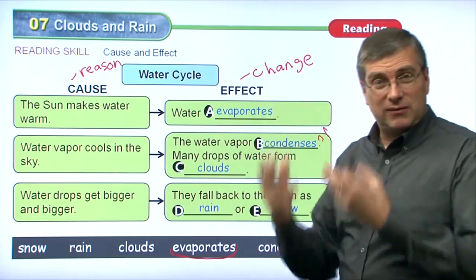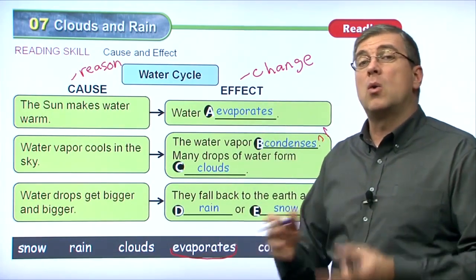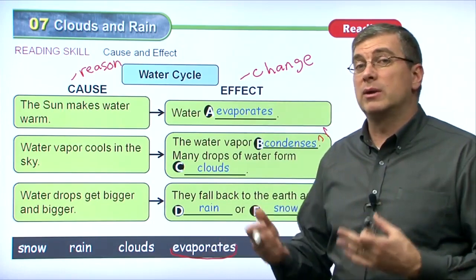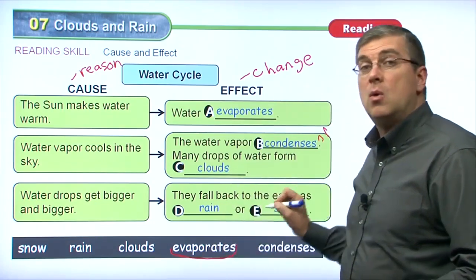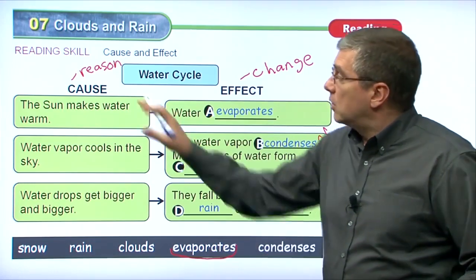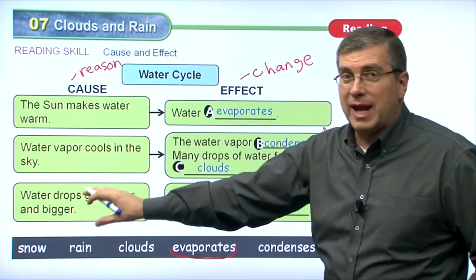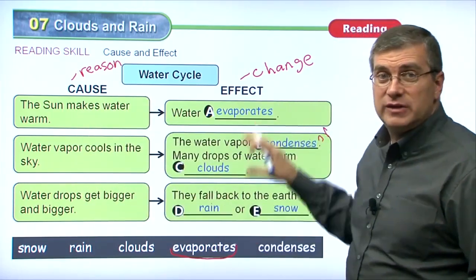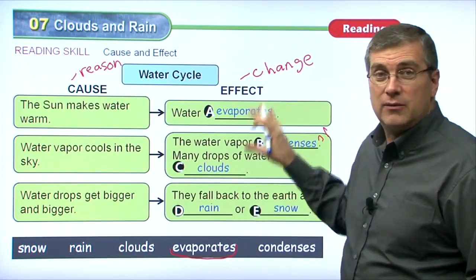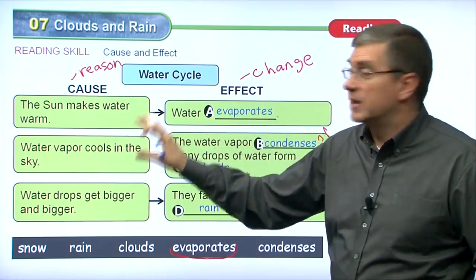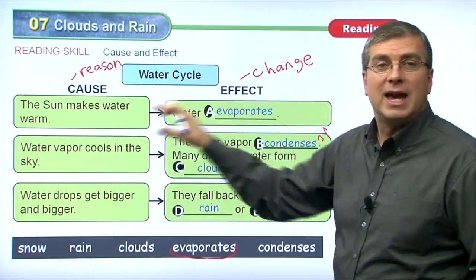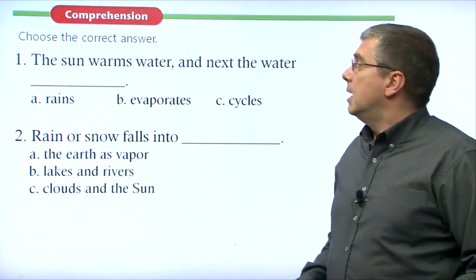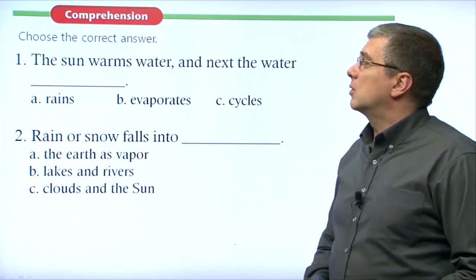Doesn't matter because they fall back to the earth as one or the other depending on whether it's warm or cold. So they fall back to the earth as rain or as snow. So here we see the reasons for something happening. We see the changes, the effects of what happens because of these reasons. Because of this, this happens. Okay? Cause and effect.